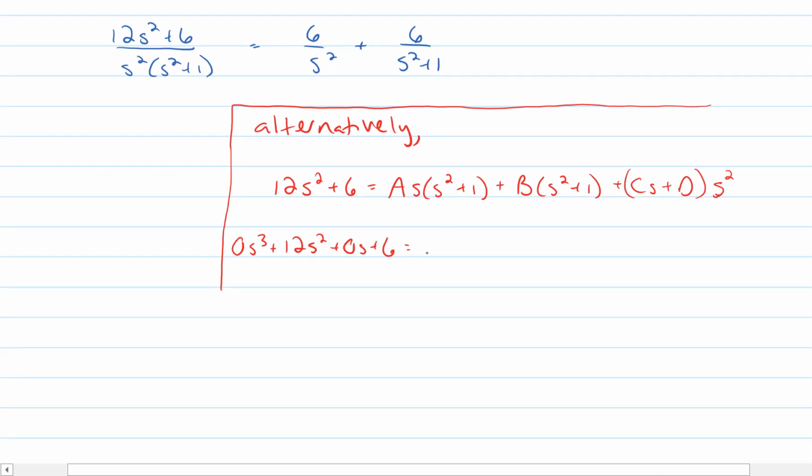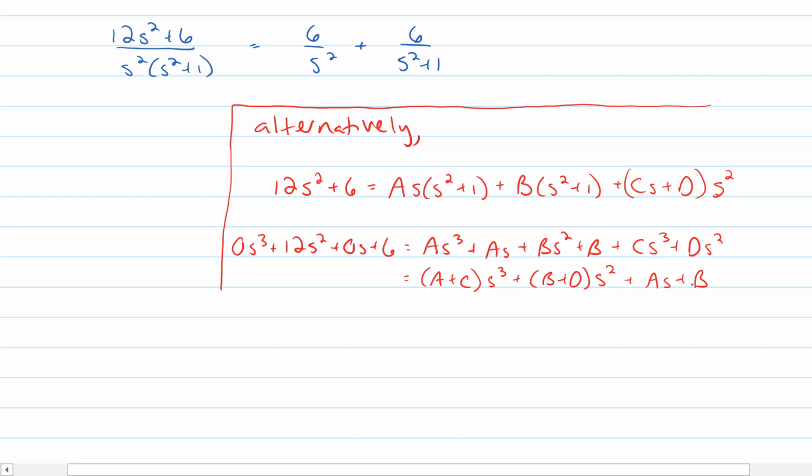You're going to get As cubed plus As plus Bs squared plus B plus Cs cubed plus Ds squared, and if you collect like terms, it becomes A plus C times s cubed plus B plus D times s squared plus As plus B.